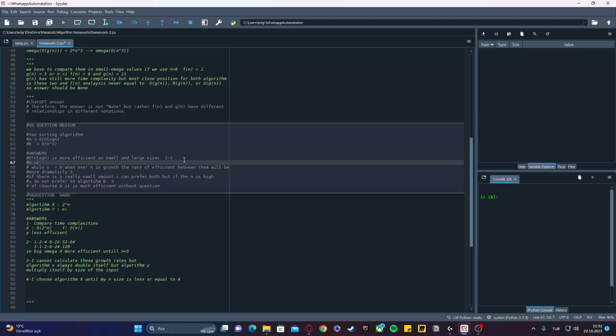If we give n equals 2, algorithm B will be equal to 4, and algorithm A will be less than it, equal to 2. And if we make n equal to 3, B will need more time than A all the time. Actually, if we graph n, the efficiency difference will be more dramatic.